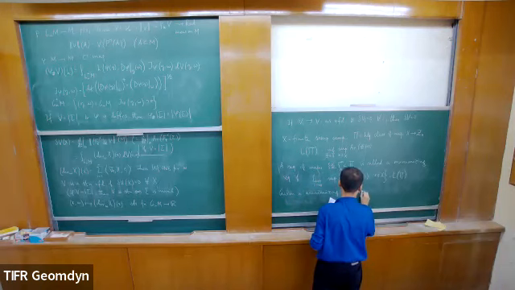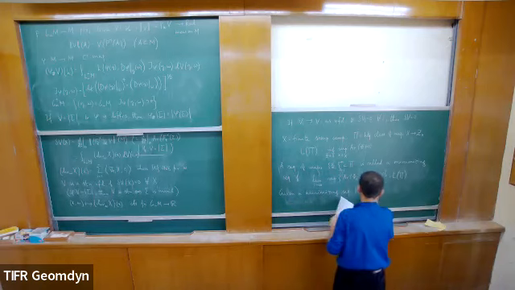Given a minimizing sequence phi_i in pi, we use the notation C(phi_i).